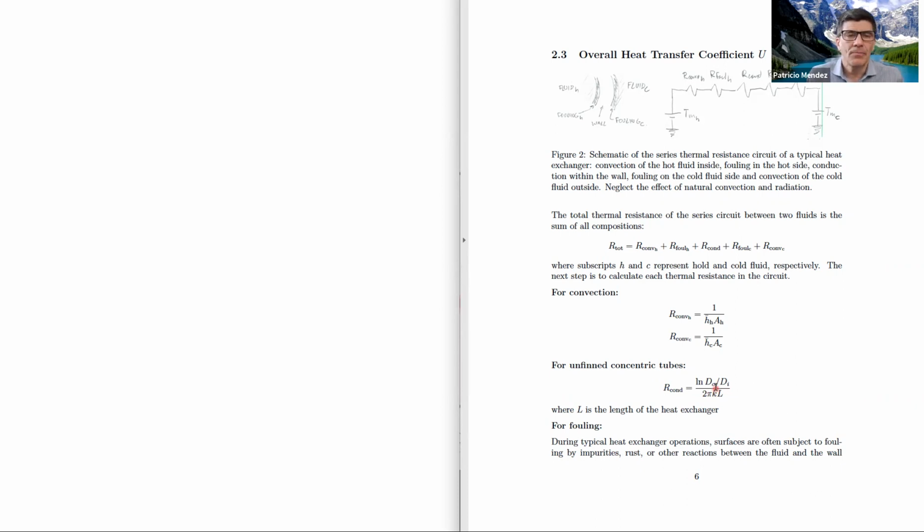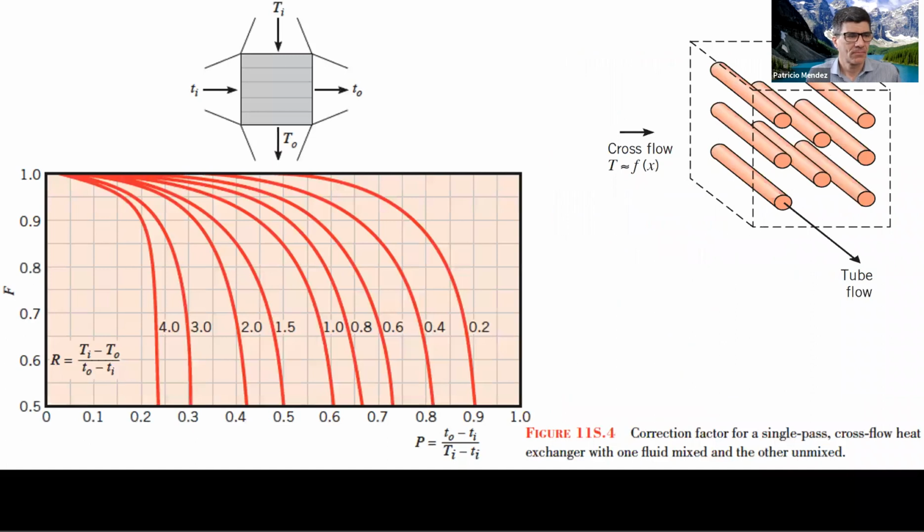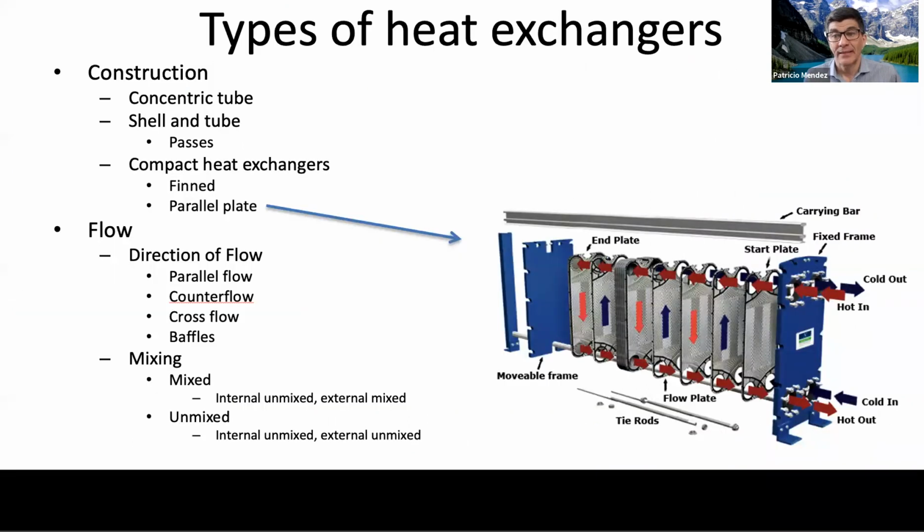Now, it might not be a cylinder, it might be something else. For example, in the case of a plate heat exchanger such as this, the cross-section of the fluid is no longer a tube, but instead is a small square.